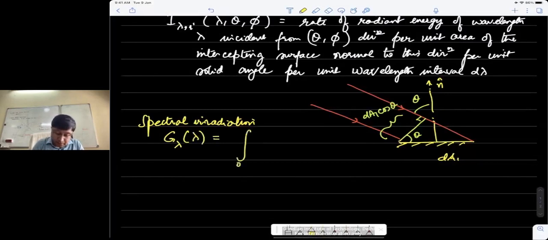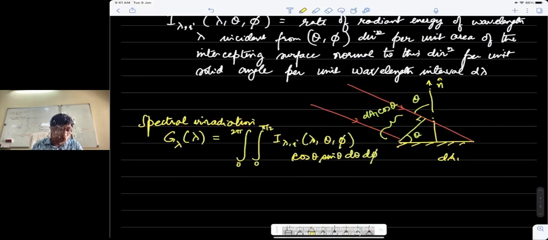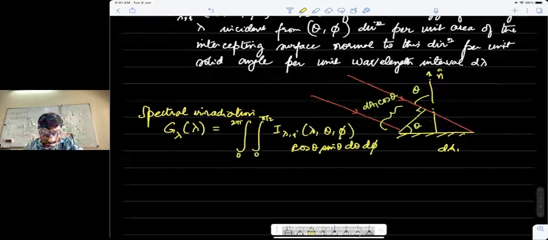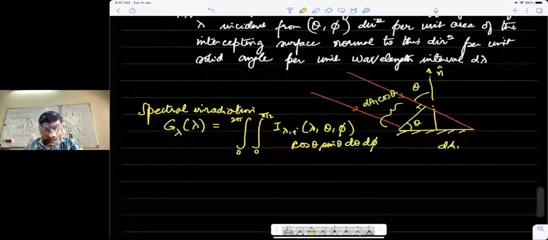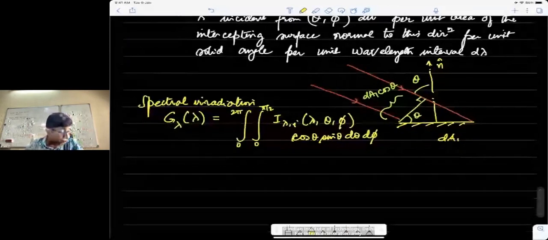So this will be the integral 0 to 2π, 0 to π/2 of I_λ,i(λ, θ, φ) cosine θ sine θ dθ dφ. So it's spectral, the word itself means that the wavelength dependence is still there.